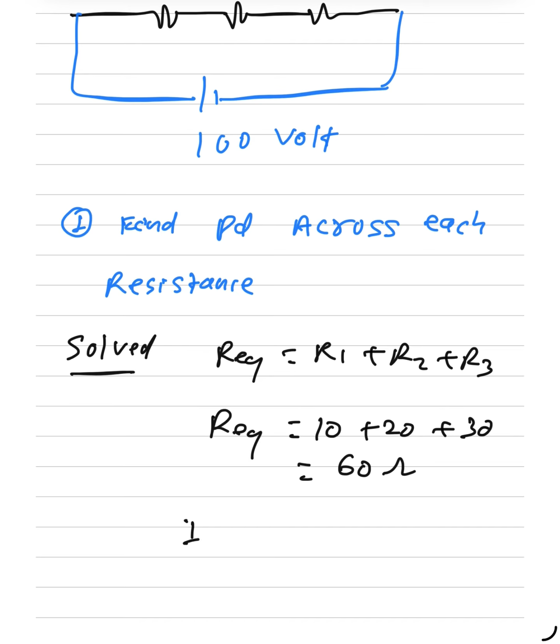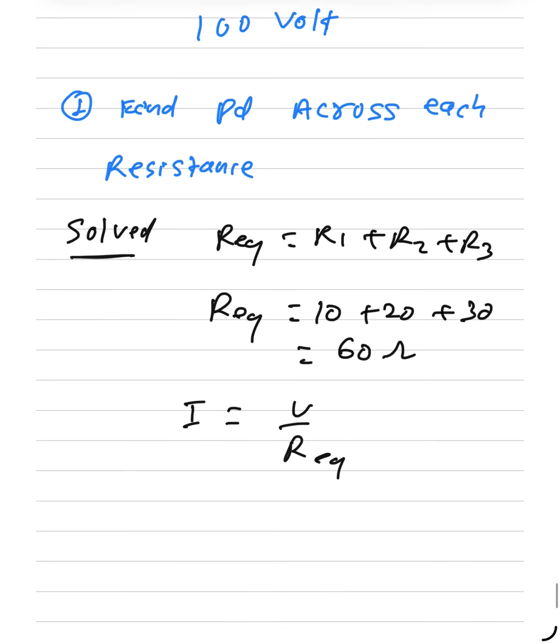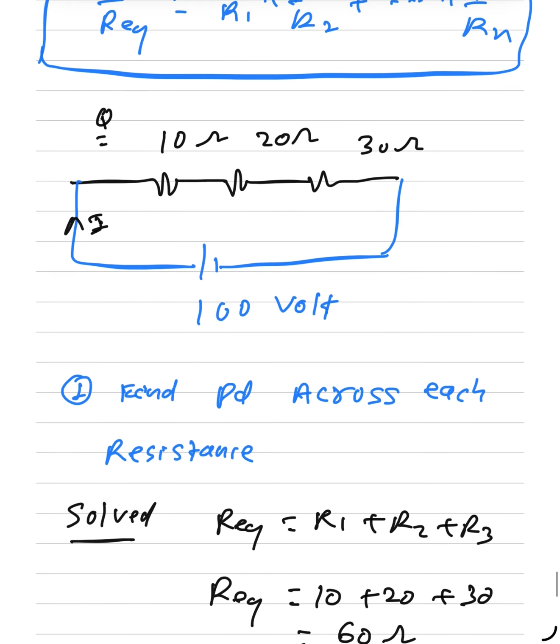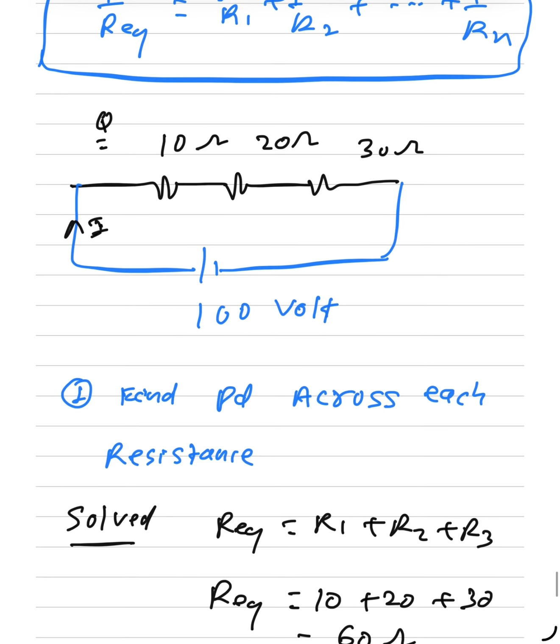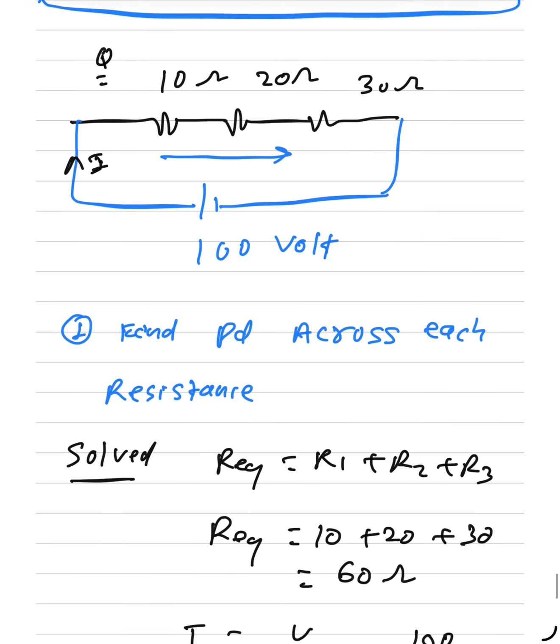Also calculate the current in the circuit: the electric current I equals V divided by R equivalent, which is 100 divided by 60, so I equals 10 divided by 6, meaning 5 divided by 3 ampere, and the current remains the same for each resistance, because each resistance is connected in series combination.